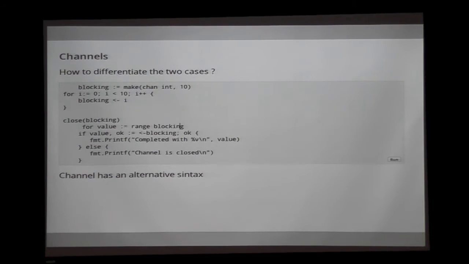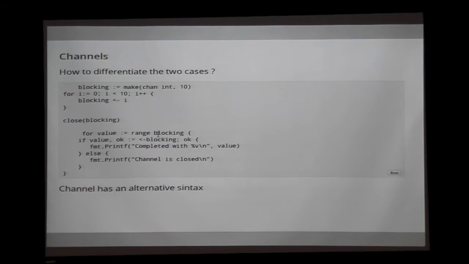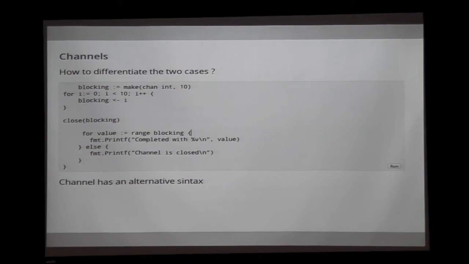Range blocking like this, and then right there, right? For range equal range blocking. But there's no ok, just because this one. Right. Just printf the value.